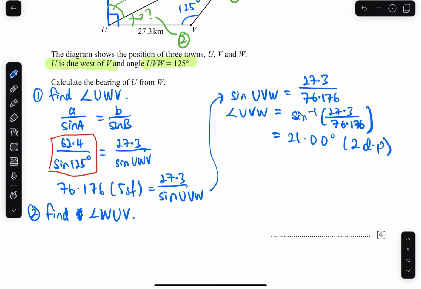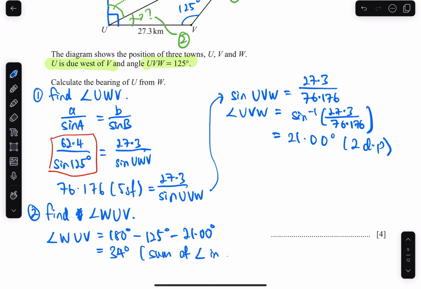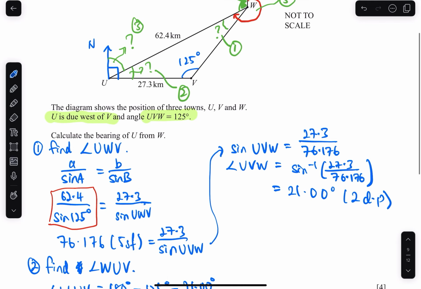Angle WUV will be 180 minus 125 minus 21.00, which gives 34 degrees, using the sum of angles in a triangle. So angle number 2 is 34 degrees.